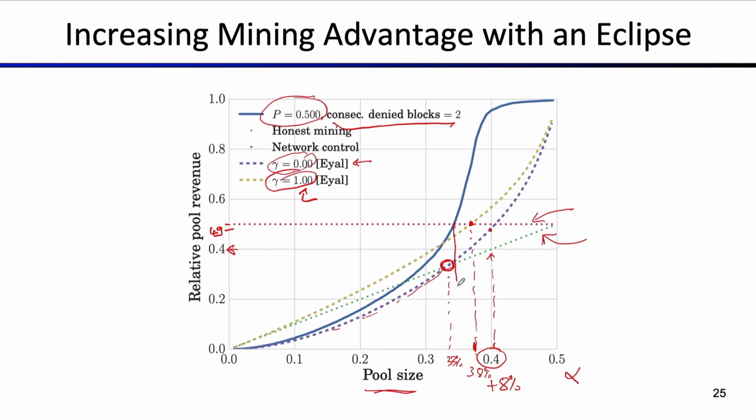We're now at maybe 34%. So if we get 34% of the hash rate, then we can own the chain because the relative pool revenue will be 50% or above. And this is really at the very core.